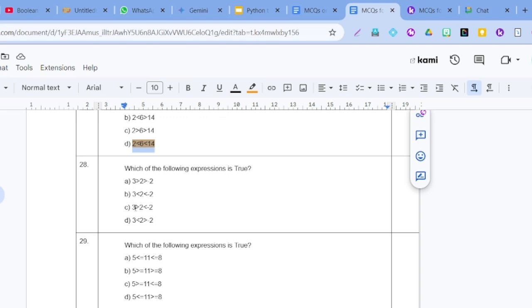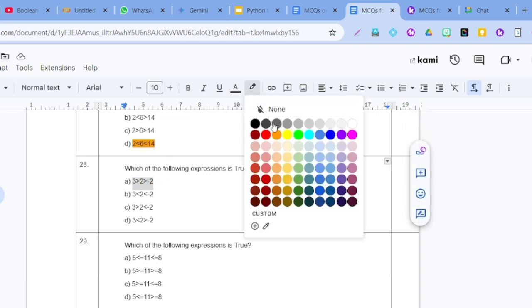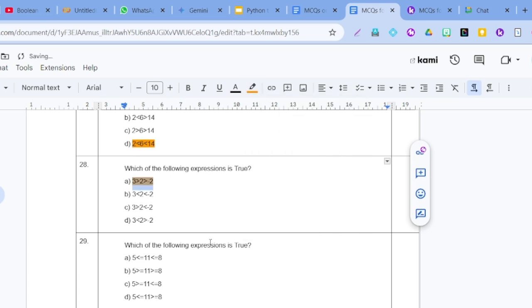So let me check other ones. I think the first one is the correct answer. Let me tell you how to recheck them. To check them, we'll move to a Colab.